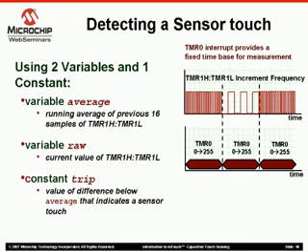This running average is used to eliminate noise created by changes in temperature, voltage, and environment. The raw variable holds the current value in timer 1 registers, and the predetermined trip constant is the minimum difference between the raw data and the average value below which indicates that the sensor has been touched.